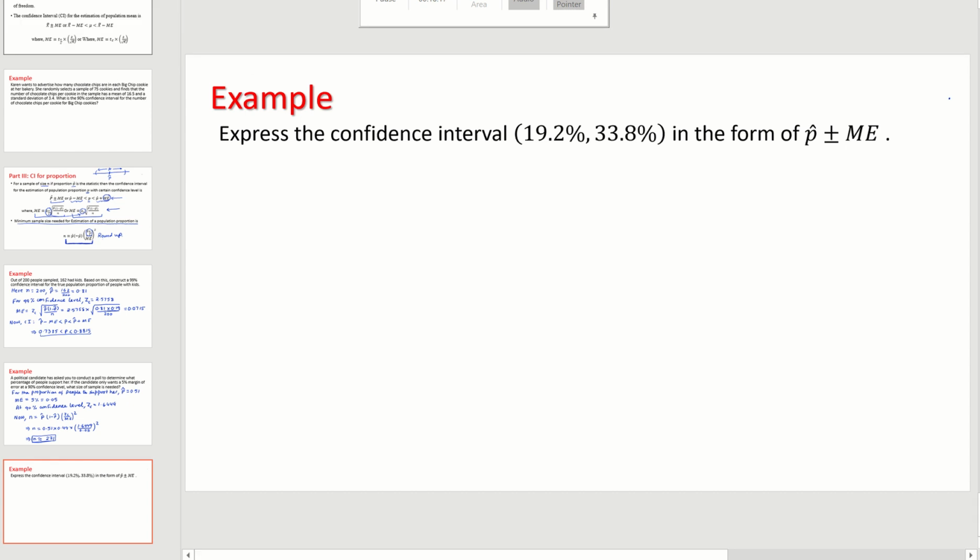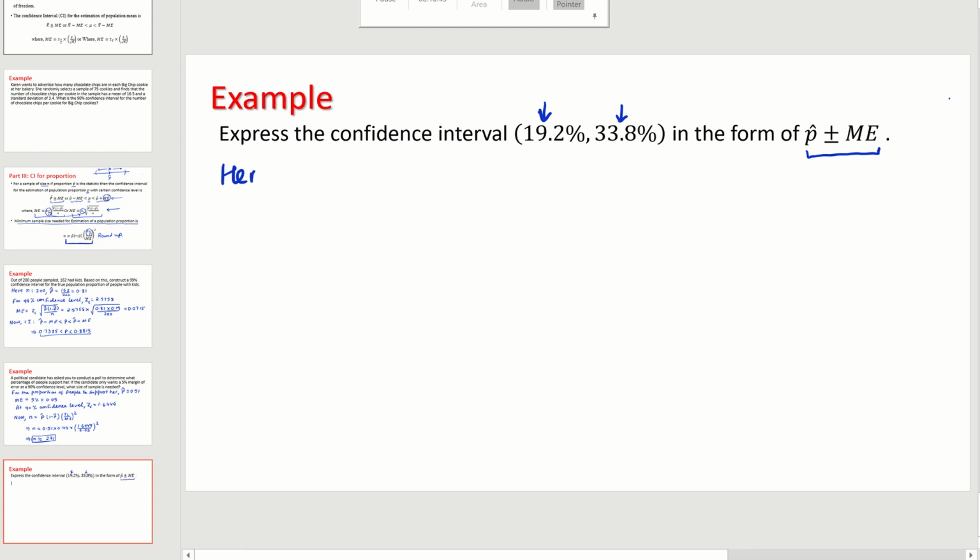Okay, express the confidence interval 19.2% to 33.8% in the form of p hat plus or minus margin of error. So the meaning of that is your lower end is 19.2 for the interval. Okay, lower boundary. Upper boundary is 33.8, and you know that the lower boundary is p hat minus margin of error.